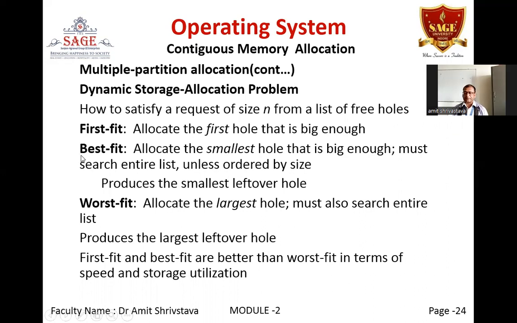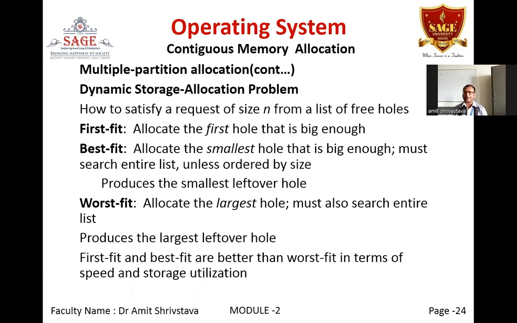So, for example, suppose I have got three holes of different sizes. Let us say the first hole is of size 10 KB, the second hole is of size 20 KB, and the third hole is of size 30 KB. Let us say a process comes which requires 15 KB. So the 10 KB hole cannot accommodate that 15 KB process. The 20 KB and 30 KB holes can both accommodate that 15 KB process.